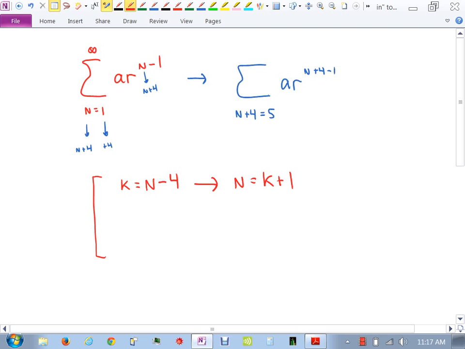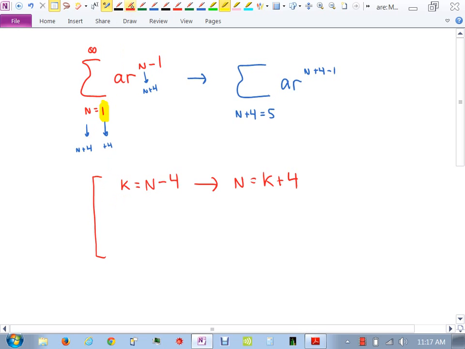It's the same thing, right? Or k plus 4. I want to add 4 to this index right here, right? I want to add 4 to the 1 down there. So basically I'm going to add 4. Everywhere I see an n, I'm going to replace it with n minus 4.